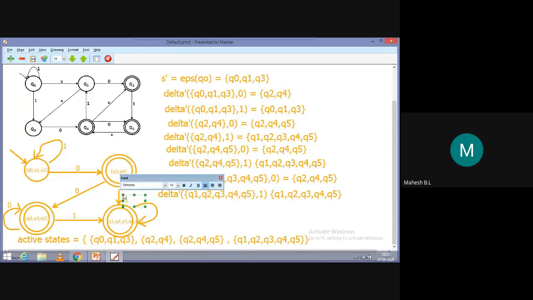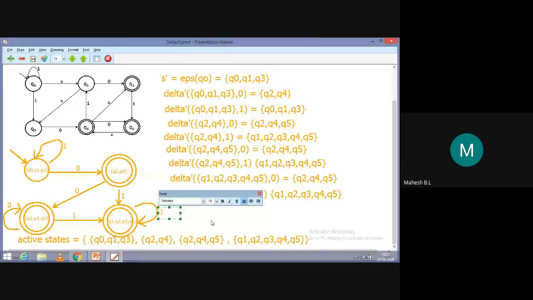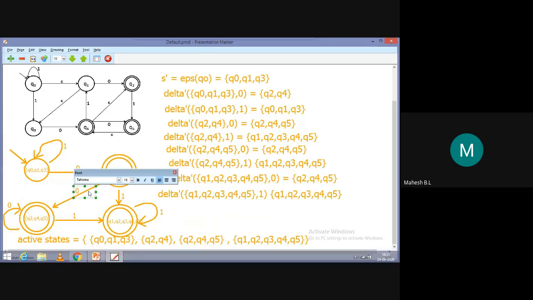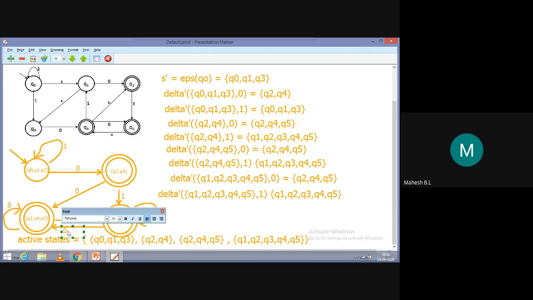Okay, so on 1 we have the self loop, and on 0 there is a transition to Q2 Q4 Q5 like this. So this completes the conversion from NDFSM to DFSM.